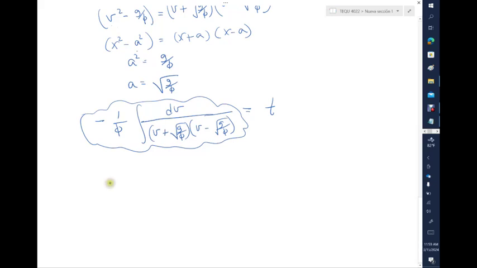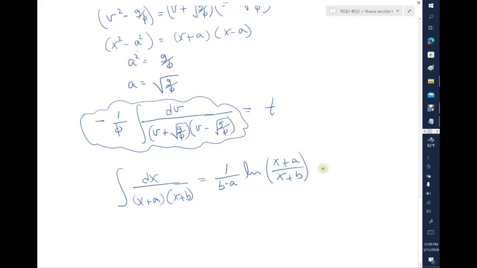For example, there's a nice integral that says something like this: the integral of dx over x plus a, x plus b, which is pretty much identical to this, and this is coming from an integral table. It says that the result is 1 over b minus a times the logarithm of x plus a over x plus b, plus an integration constant depending on whether you have limits or not.